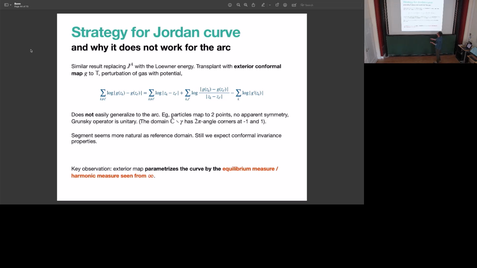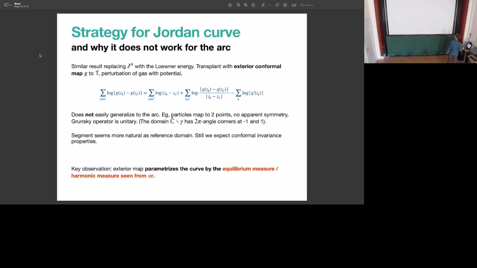Okay, but anyway, you try to use the exterior conformal map from your arc. The complement of the arc is still a simply connected domain. You can map it to the complement of the disk. But you immediately run into two problems.